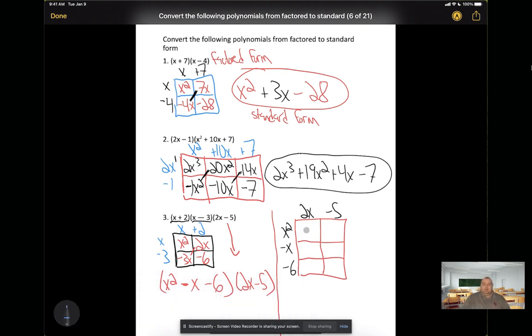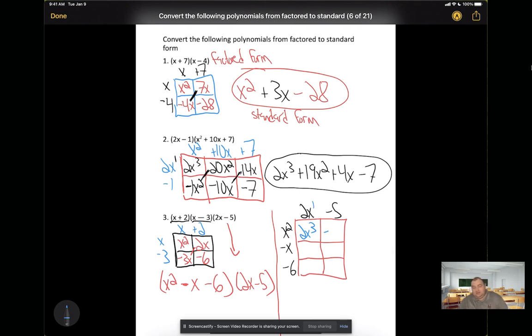So this one right here is going to be 2x times x squared. So 2x times x squared, that's going to be a 2x cubed. Remember, the 2 and the 1, we add those exponents to become cubed. This one right here is going to be negative 5 times x squared.